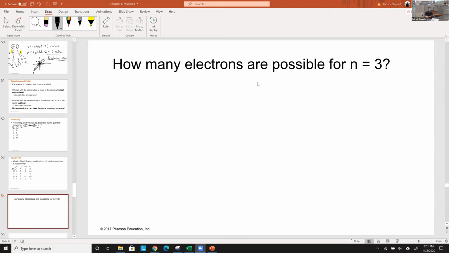Good job, Nick, and good job, Adi. So we have 18 is the answer. I'll write it down, and you can finish off your chart as I'm writing it down. So n equals 3.